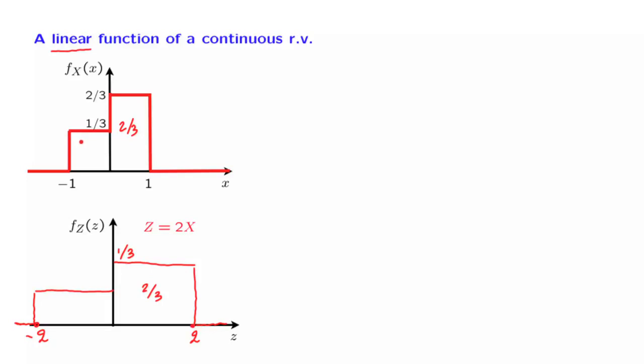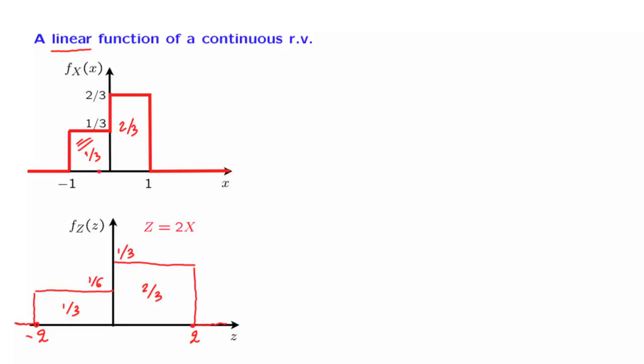Similarly, the probability that x is negative is the area of this rectangle, and the area of this rectangle is equal to 1/3. When x is negative, z is also negative, so the probability of negative values should be equal to 1/3. And for the area of this rectangle to be 1/3, it means that the height of this rectangle should be 1/6.